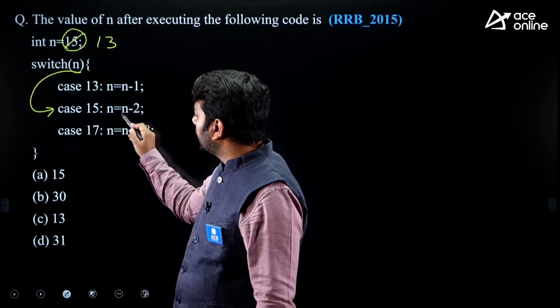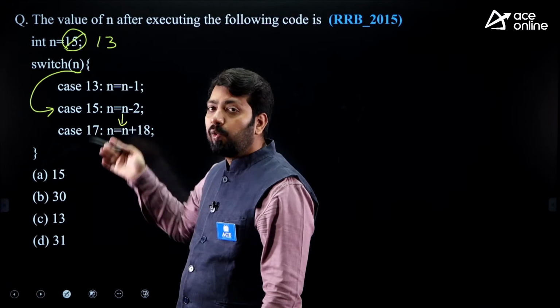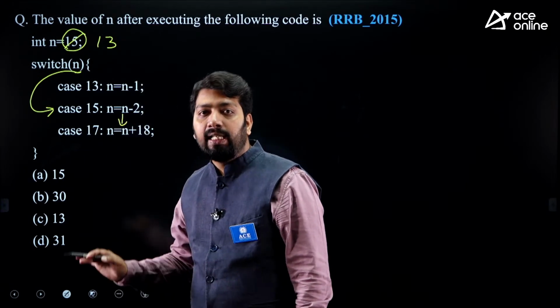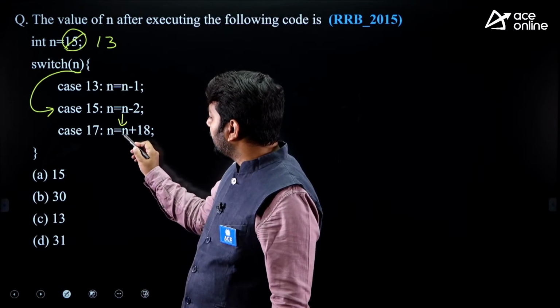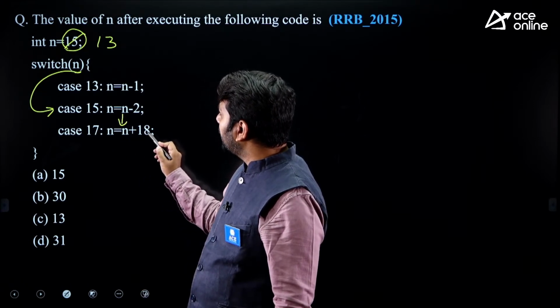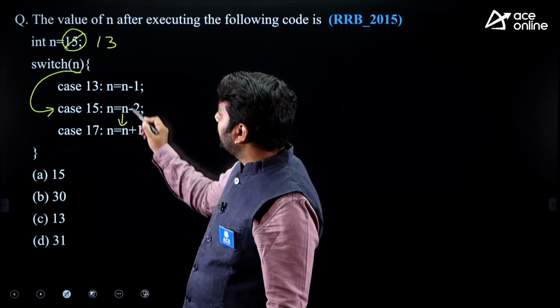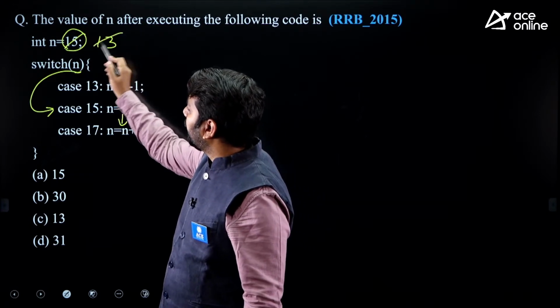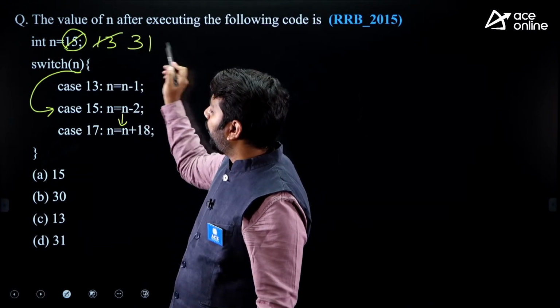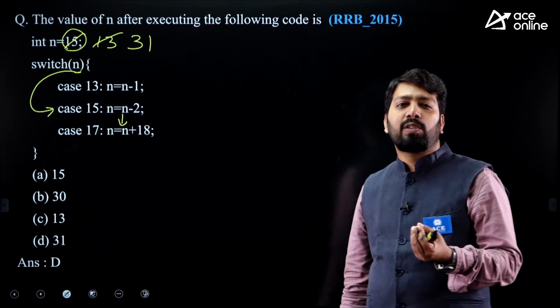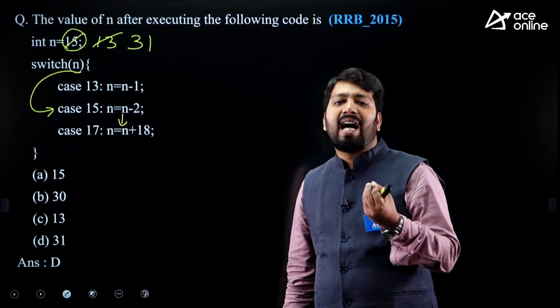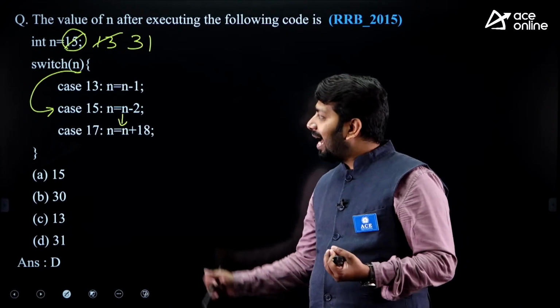If there is no break statement, we will also execute all the remaining cases until we get a break. So it says n equal to n plus 18. That means 13 plus 18, which will become 31. So the answer is 31.